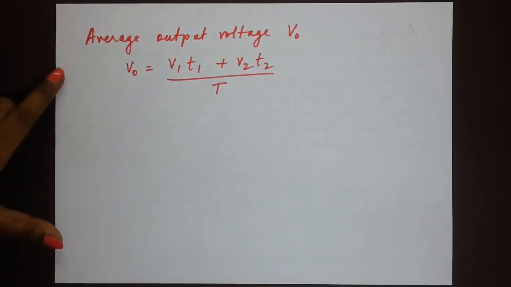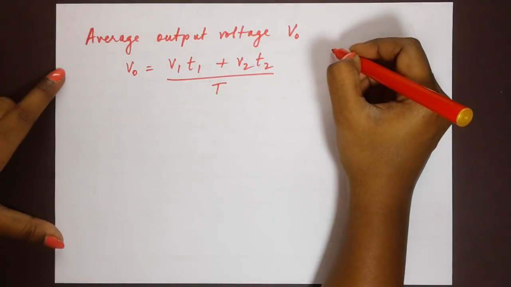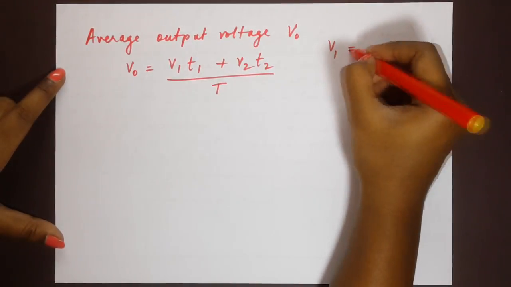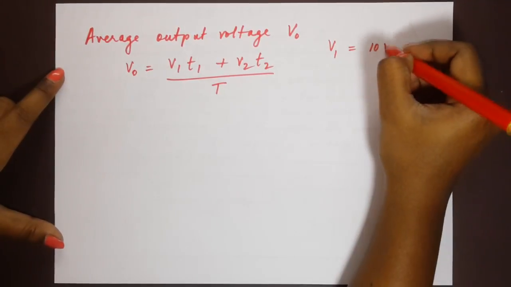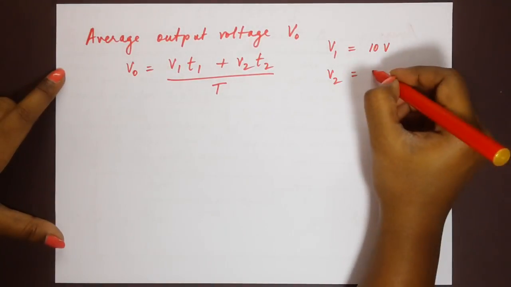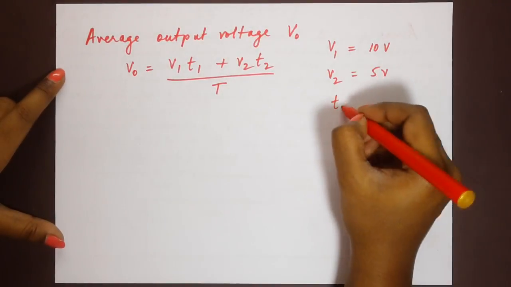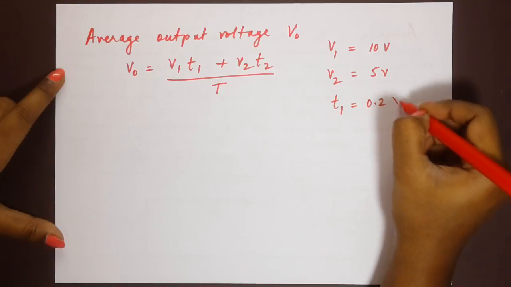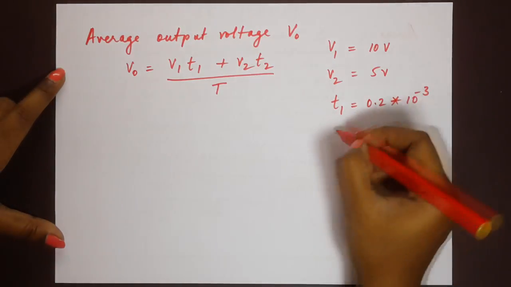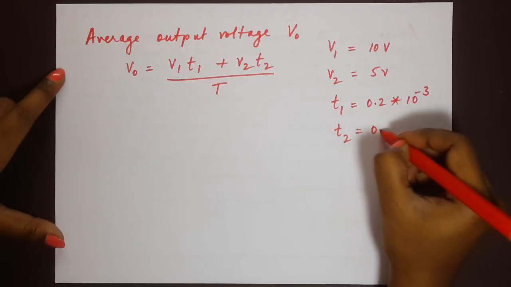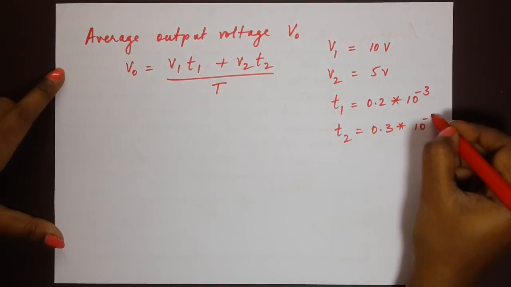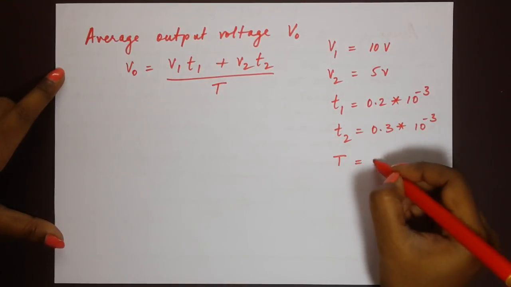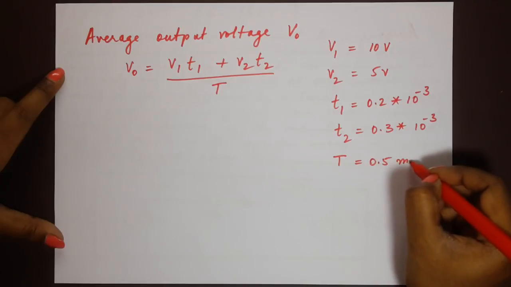We have our values of V1, V2, T1, T2 and T given in the question. So we have V1 from the figure as 10 volts, V2 from the figure as 5 volts, T1 given to us as 0.2 millisecond, T2 given as 0.3 millisecond and the total time period T is given to us as 0.5 milliseconds.